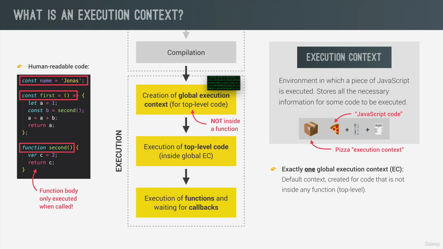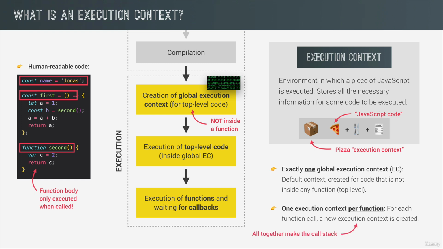And here is how that works. For each and every function call, a new execution context will be created containing all the information that is necessary to run exactly that function. And the same goes for methods, of course, because they're simply functions attached to objects, remember? Anyway, all these execution contexts together make up the call stack that I mentioned before, but more on that in a second.